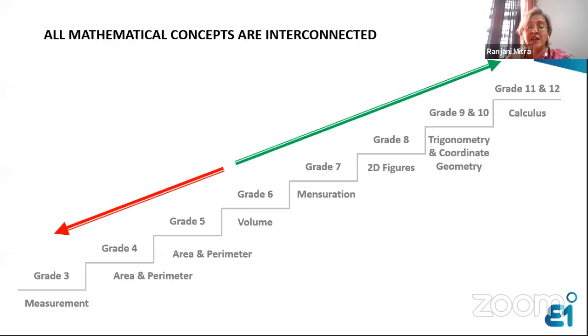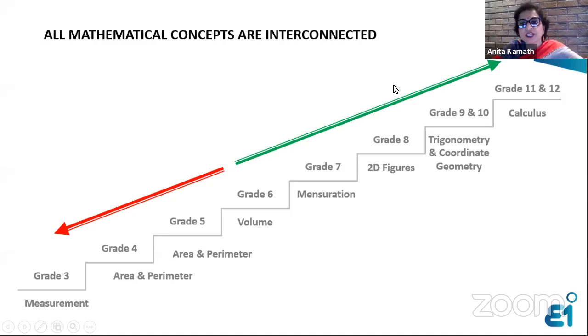A clear conceptual understanding of area and perimeter in grades 4 and 5 leads children to a better understanding of volume, mensuration, 2D figures, trigonometry, coordinate geometry, even calculus. In maths, as in other subjects, everything is interlinked. What they study in one grade is based on what they did in the previous grade, and that becomes a base for the higher grades. That's why area and perimeter is very important.